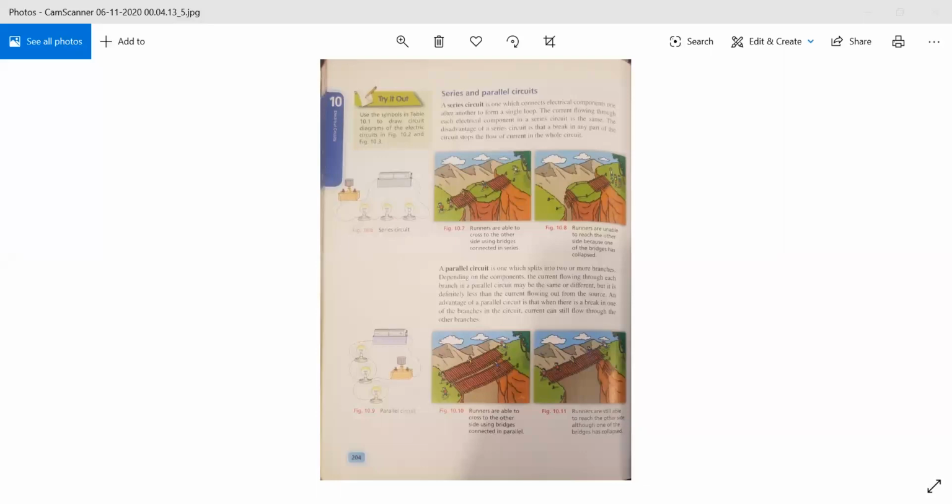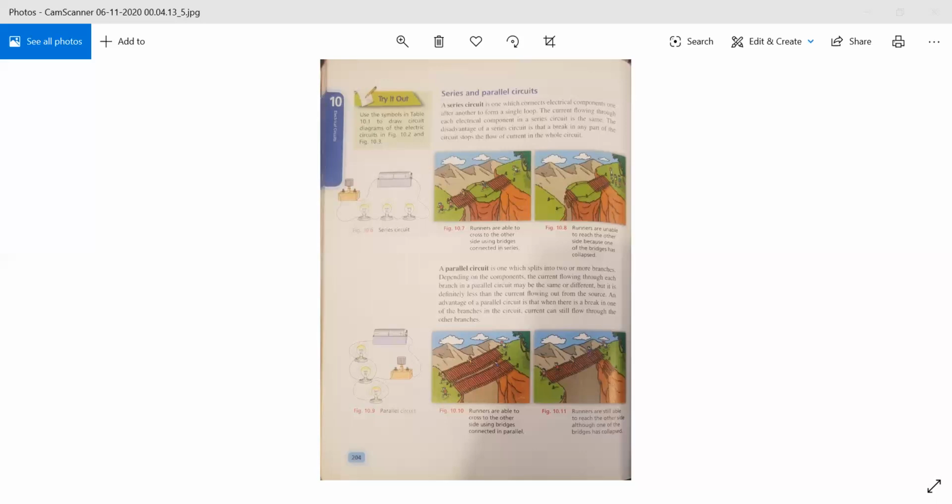First of all, we should keep this in mind: series means that the bulbs or lamps are placed in a series way.